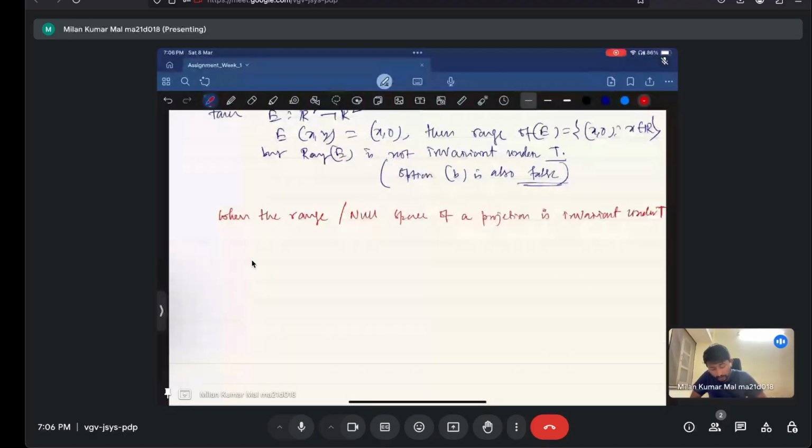So let E be the projection. Okay, so we'll prove B and C are correct.